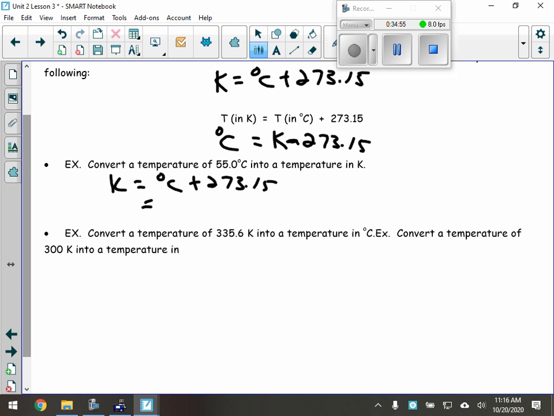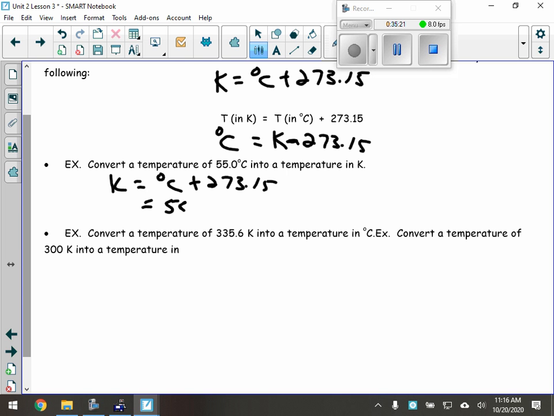You're going to know that number because we're going to use it over and over and over again. Every formula we do this year involves Kelvin. We do not use Celsius in any formula this year. We always use Kelvin. So you're going to do this a lot.